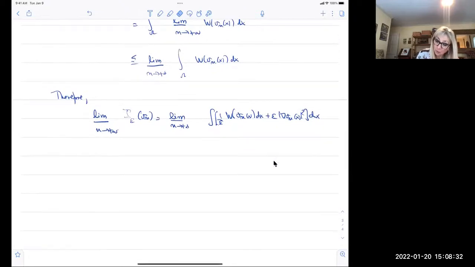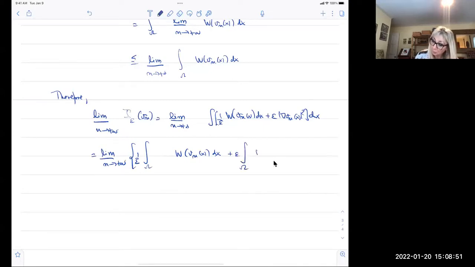Well, this is, of course, the limit inf, and I can break this into a sum of the two. Why don't I put the parameter outside, because that is not going anywhere. Okay, so the limit inf of the sum is bigger than or equal to the sum of the limit infs.